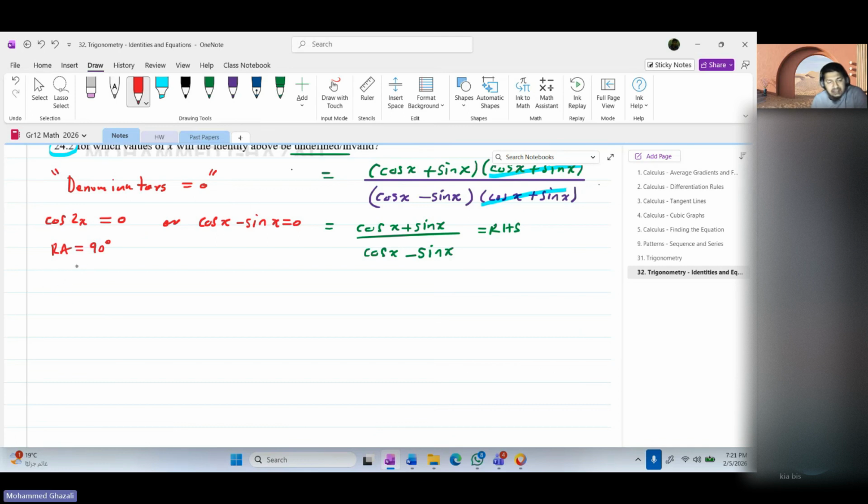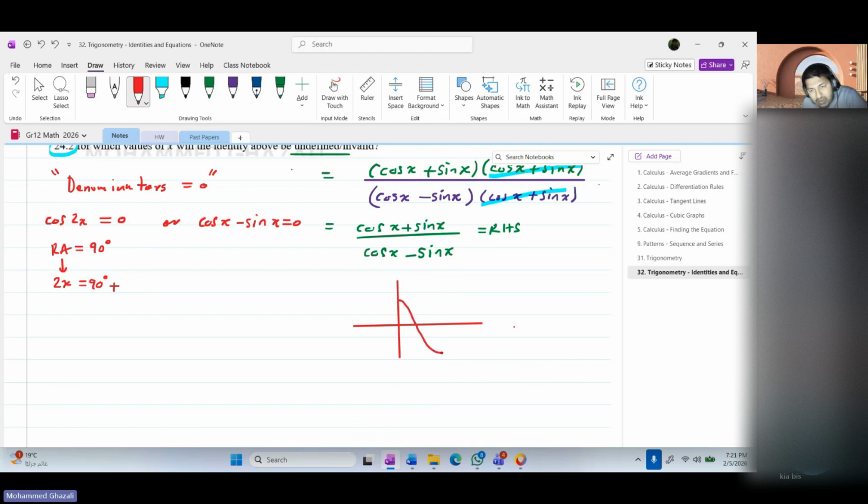So you're going to say a reference angle, 2x is equal to 90 degrees plus, when is cos 2x equal to 0? So it's nice to remember the trig graphs for this part. Remembering the trig graphs is really useful because I'm trying to answer this question. When is cos 0?